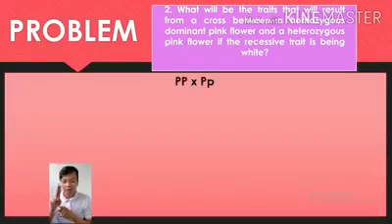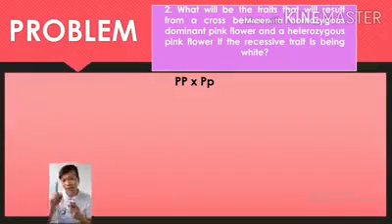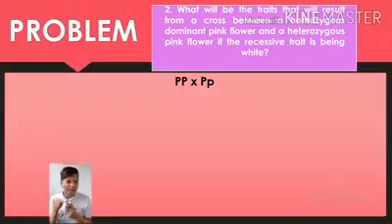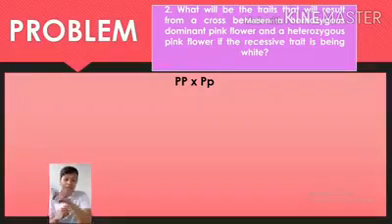Therefore, for the first parent, we have two capital letter P's because it is dominant for pink, homozygous dominant rather for pink flower. So, it only has one type of allele, which is dominant pink flower. That's why we use letter P, because again, for the dominant trait or dominant allele, the first letter of the trait shall be followed. The other one is heterozygous, so one of its alleles is dominant and the other is recessive.